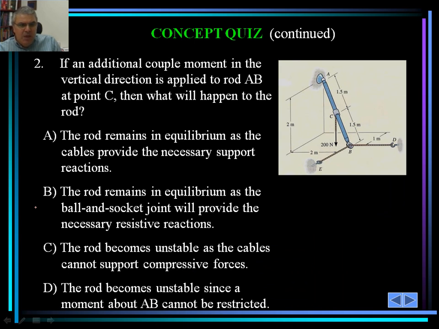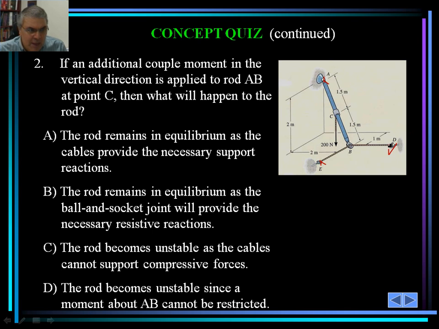If an additional couple moment in the vertical direction is applied to rod AB at point C, then what will happen to the rod? Remember, we're trying to add an additional moment in the vertical direction. Again, not a force, but a moment in the vertical direction. And as we try to turn it, the rod would become unstable because it cannot be restricted. There's no place on the structure that can restrict the rotation.